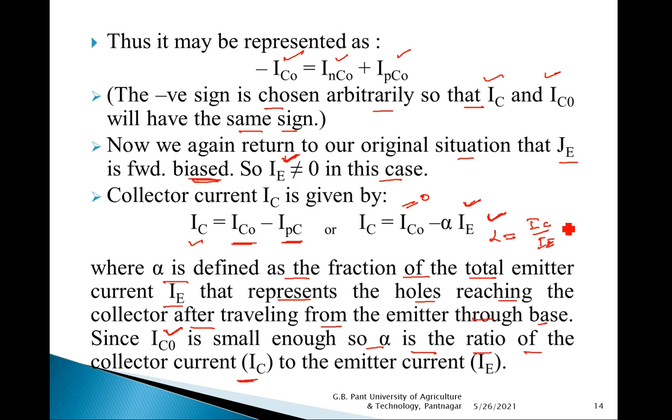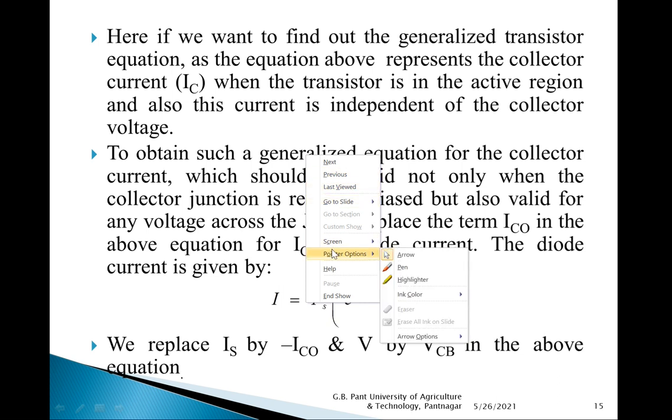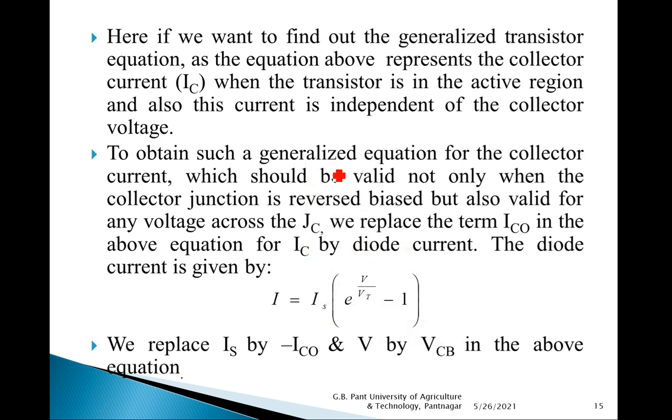Fine. So now if you want to find out a generalized transistor equation, the equation above basically represents the collector current IC when the transistor is in the active region, and also this current is independent of the collector voltage.